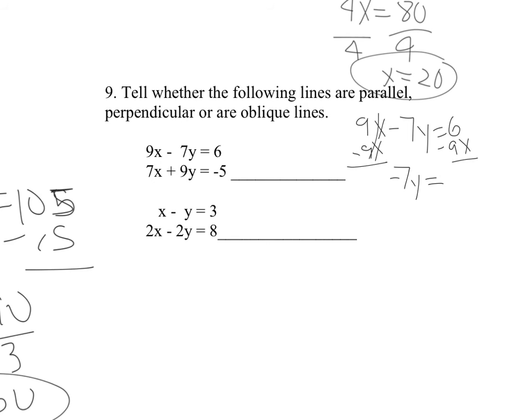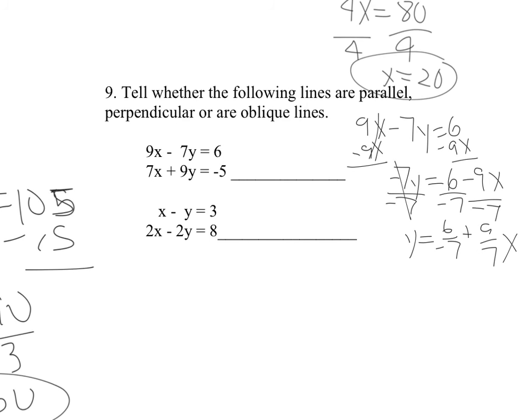Negative 7y equals 6 minus 9x. Divide negative 7 to everything. y equals 6 over negative 7, minus 9x divided by negative 7 becomes plus 9/7 x. So first off, there's the slope of that. That's not supposed to be erased. That's a highlight, but that's a pretty thick highlight.